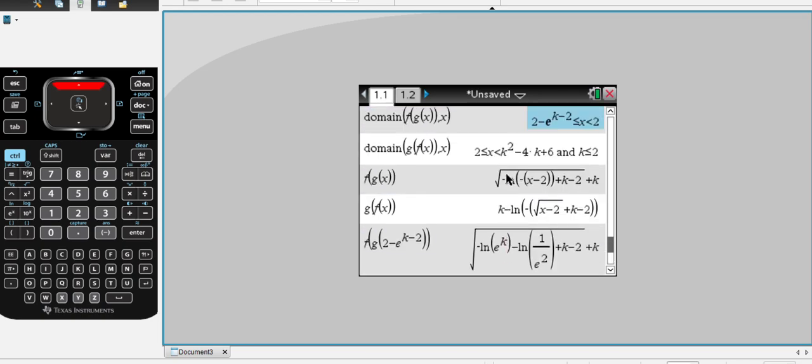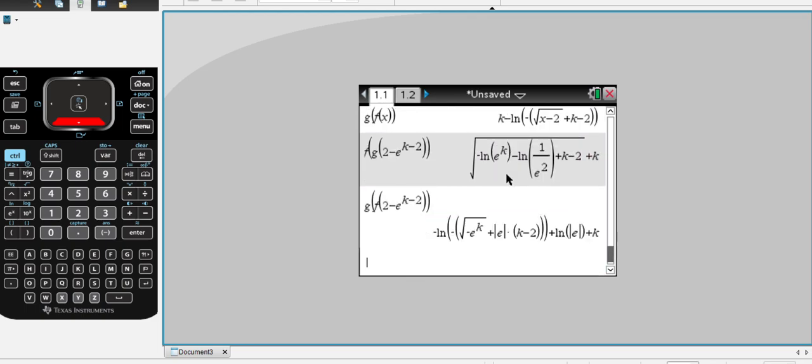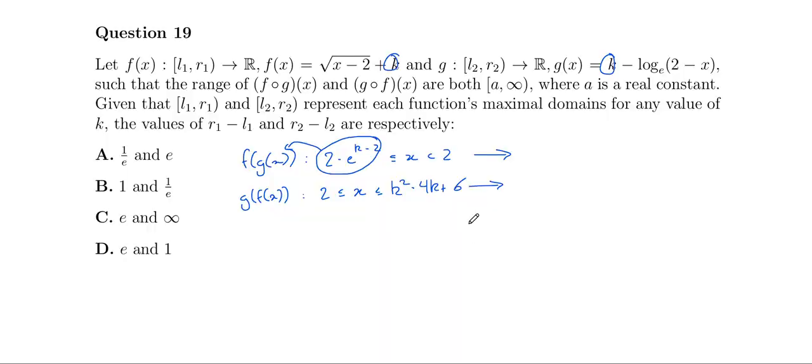Maybe I wrote it wrong. Hold on. Ah, because I wrote e, not what e is actually. So f of g of 2 minus this e, sorry, to the k minus 2. Okay, yeah, there we go.